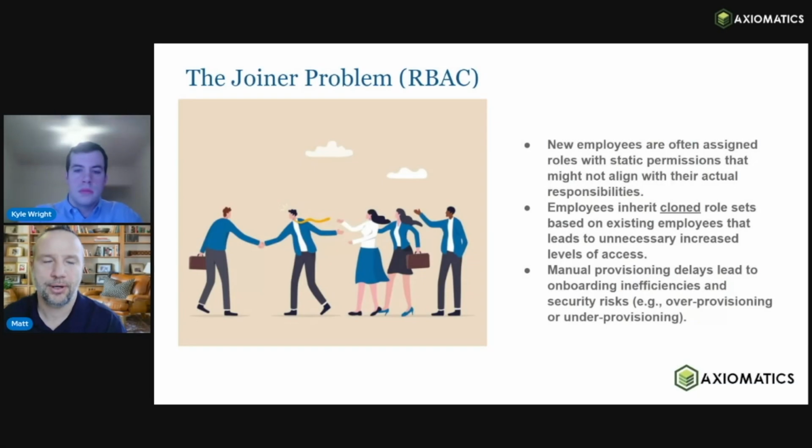When it comes to the joiner problem, I want to step you through the process that typically happens. As you'd imagine, the hiring process goes well. Eventually the person you've selected says yes, they do want to join the company.